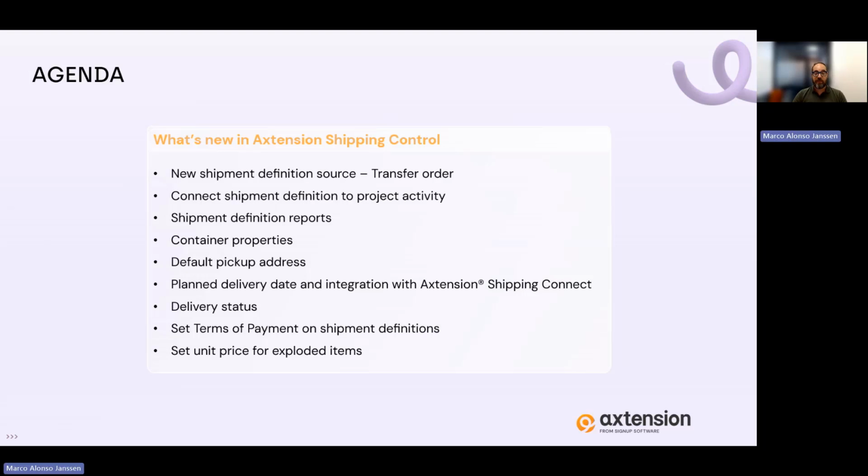The ability to create a shipment definition report, to set container properties, to set default pickup addresses in your legal entity, to use the planned delivery date and integration with Axtension Shipping Connect, the new delivery status, set terms of payment on shipment definitions, and use unit prices for exploded items.